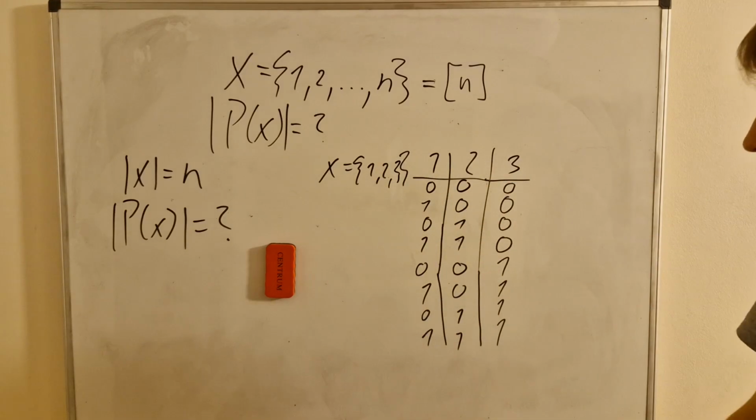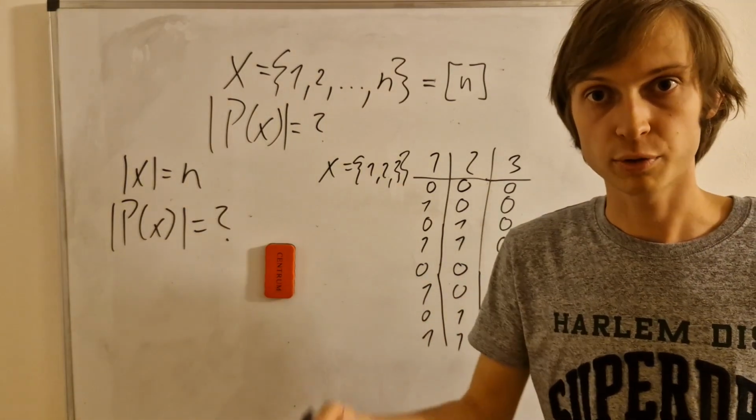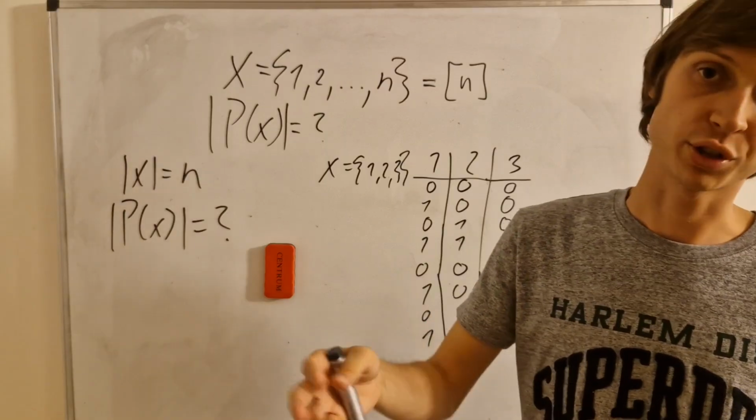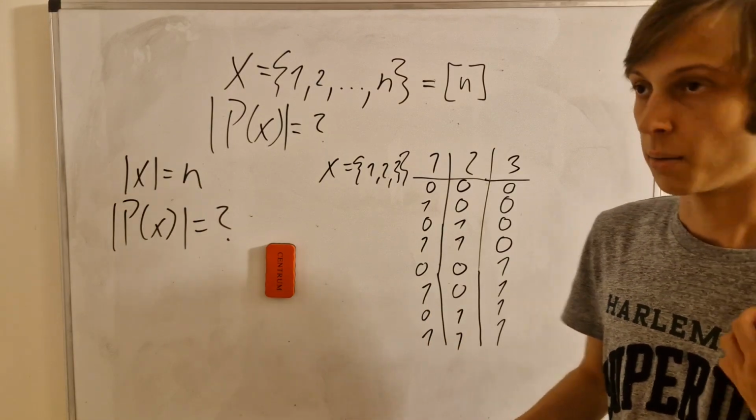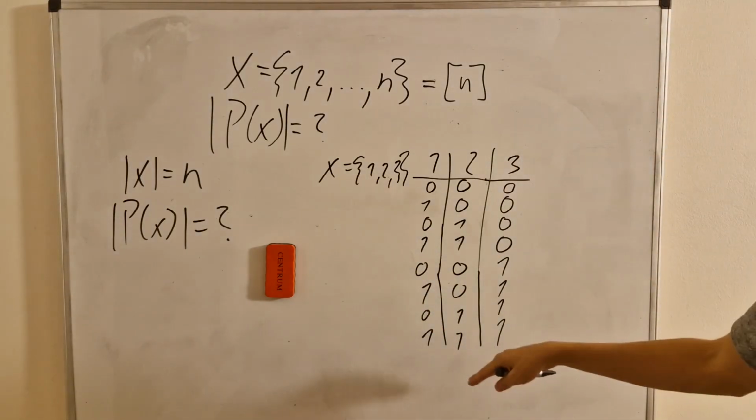So now we doubled it because of this. It just took us 1 element to be added, and the amount of elements in the power set, in other words, the amount of subsets of that set, based on just the number of elements that original set contains, was doubled.